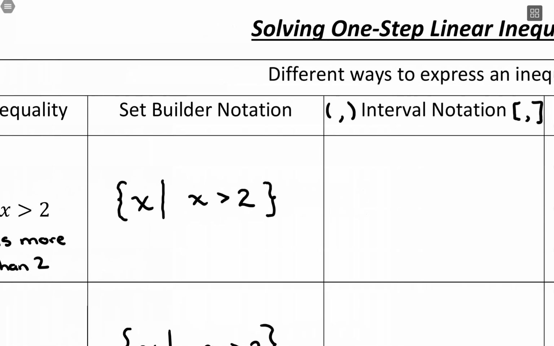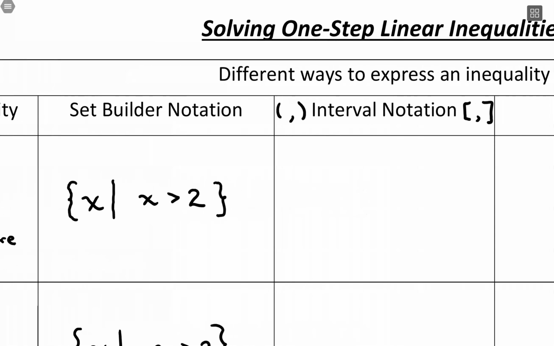So for x is more than 2, if I have my parentheses and think about the smallest value on the left-hand side for x and largest value. So 2 is going to be the smallest possible thing for x. So x is larger than 2, and then it doesn't have any bounds in terms of how big it can go. It can go off to infinity. So we're using 2 and infinity for our bounds for what x can be.